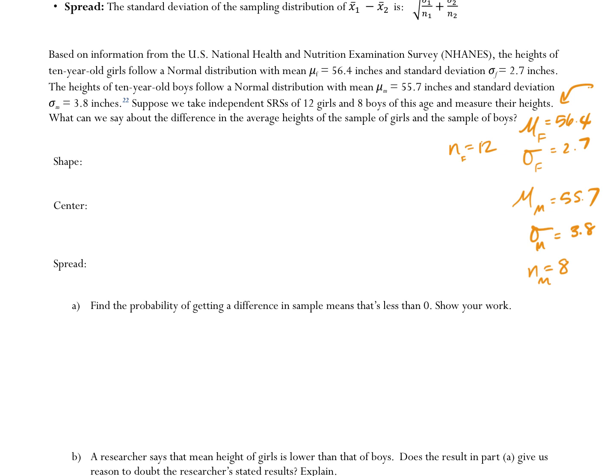Okay, so we can say the female and male populations are normal. So X bar F minus X bar M will also be normal. Approximately normal, of course.